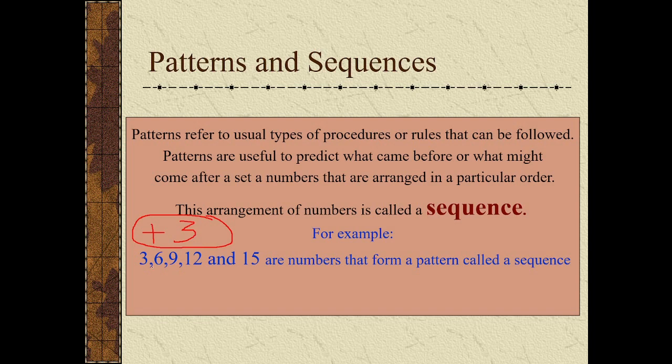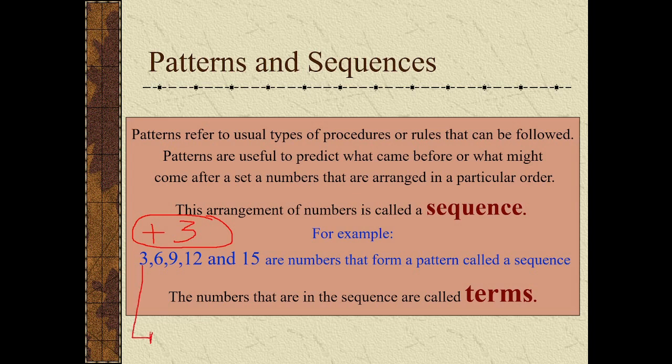And take note, this is a sequence. And this sequence consists of numbers. And these numbers are called terms. So 3, 6, 9, 12, and 15 are called terms. And this one, the number 3, is what you call the first term.